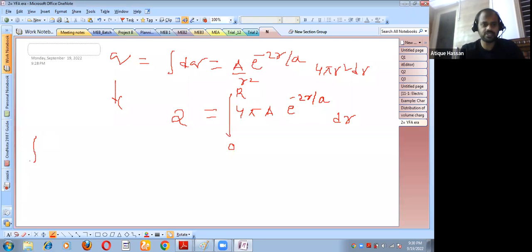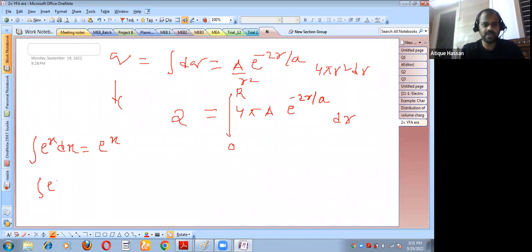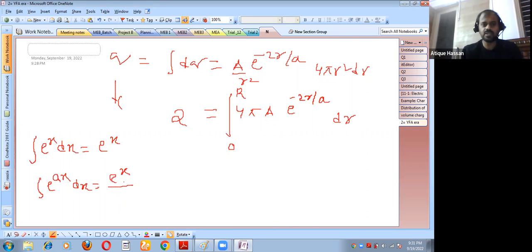If you have the integration of an exponential, the integration of e to the power x dx also remains the same. But if you have something like e to the power ax dx, then we get e to the power ax upon a. Always remember, the constant which is multiplied to the variable term gets divided.